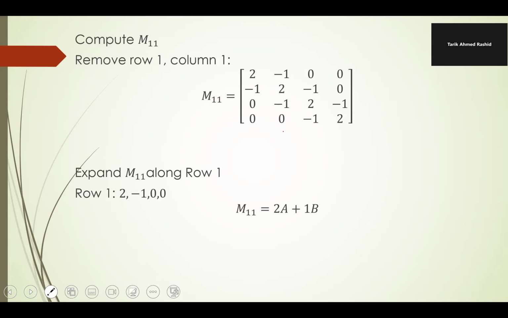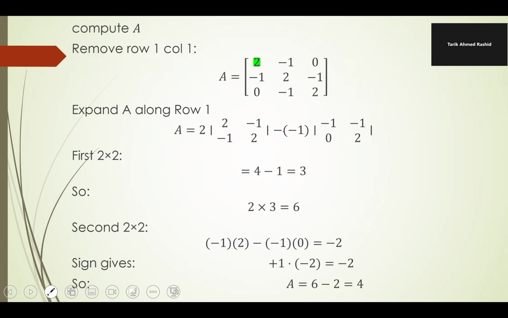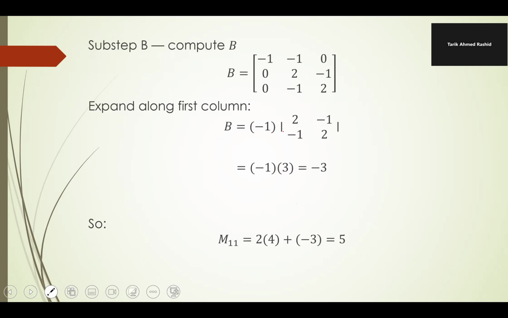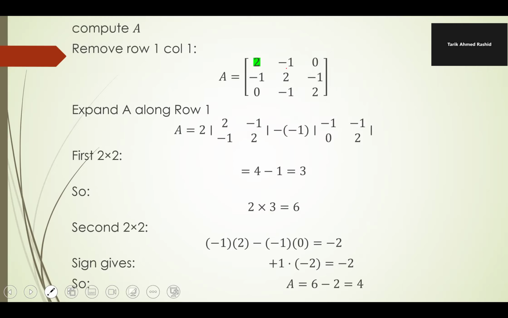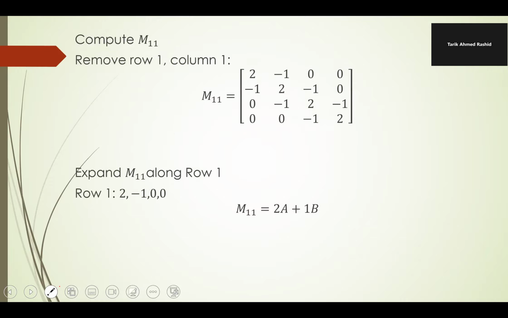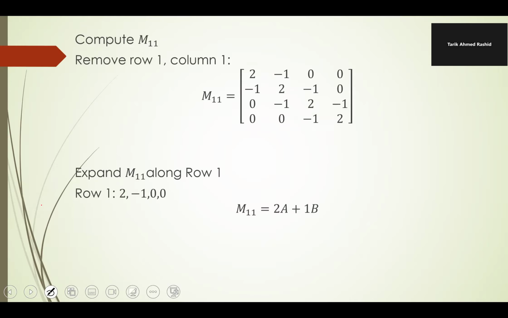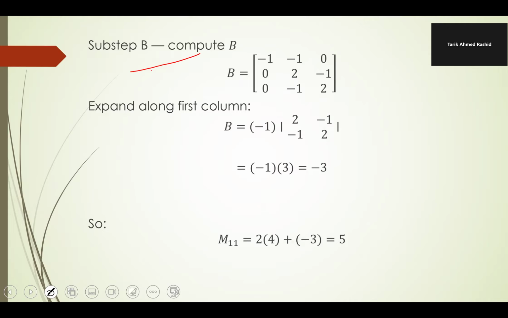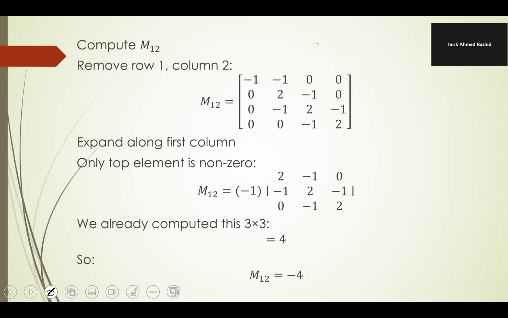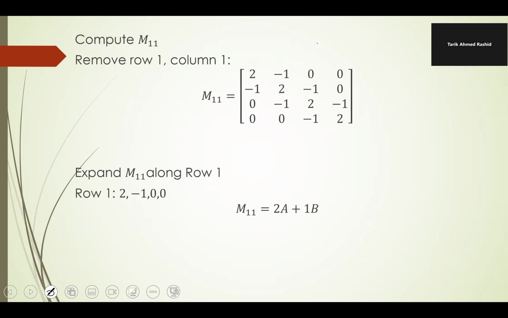So let's see, we should have minus 1, minus 1, 0, first one. Yes, for the B. Just do it again so that you don't forget it. Let me get the pen to cross it. How to compute B, or how B was found. B was found by removing this row and this column.